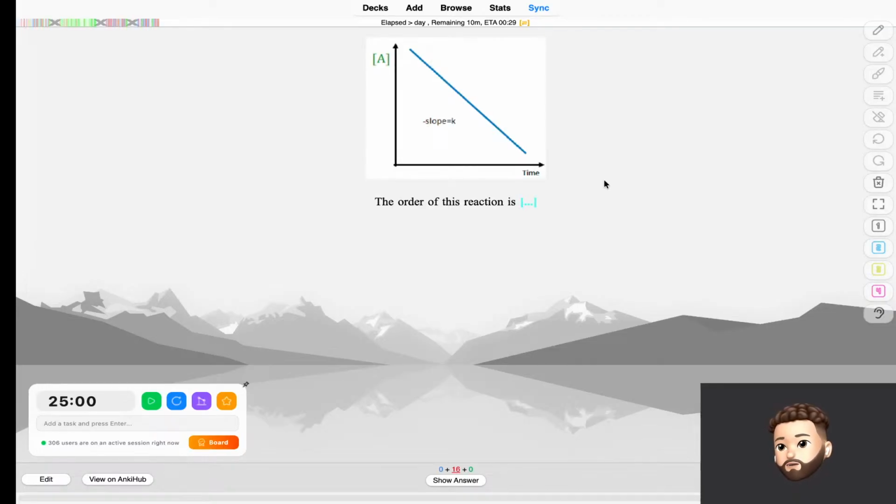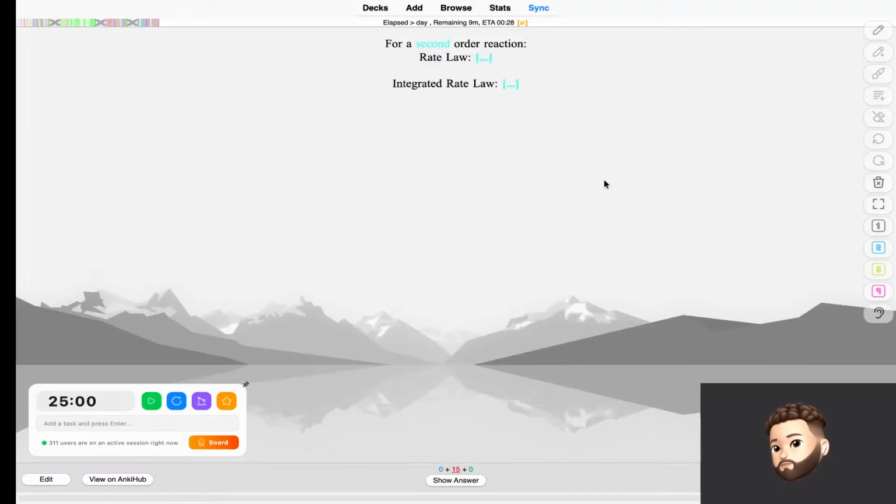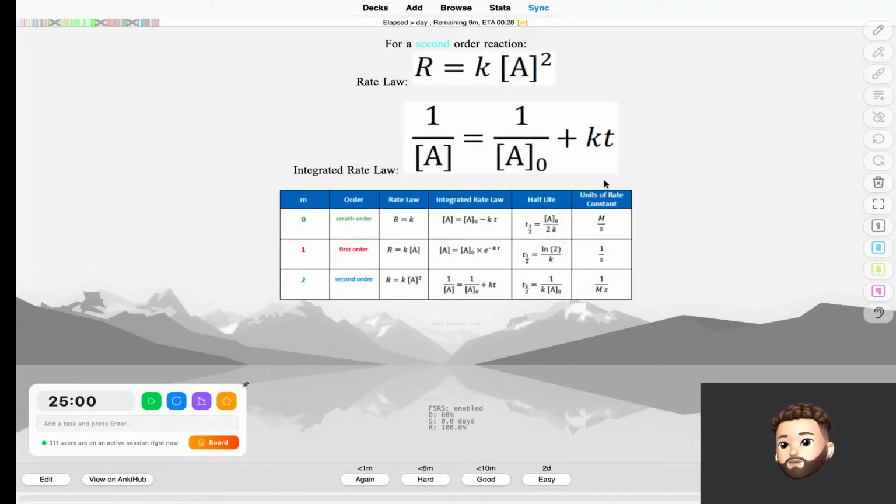This is going to be the zeroth order: k, k A squared, or k A B. It's going to be 1 over A is equal to 1 over A naught plus kt. I think I prefer my answer.